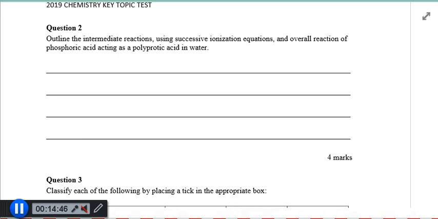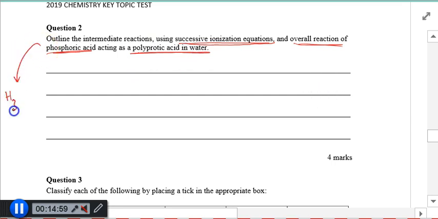Outline the intermediate reactions using successive ionization equations. So we have to show different ionization equations for an overall reaction of phosphoric acid acting as a polyprotic acid in water. Phosphoric acid, again another acid that you should memorize, H3PO4. It's just phosphate with 3 protons, so it's a triprotic acid, so you should have 3 ionization equations, okay?